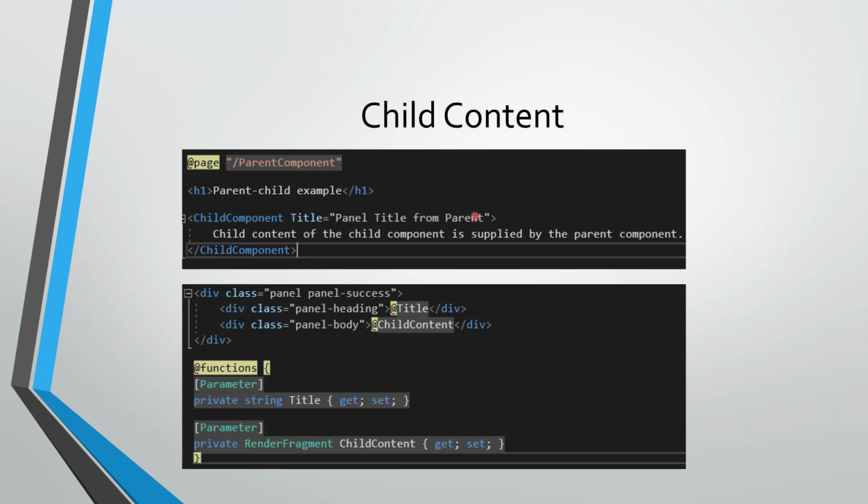So it's kind of an implicit property of components, but if you put something inside of it, that's how you're going to be able to get to it. And then later you can render it how you need. So in this case, we've got a title and we've got child content, so we're just going to render it in two divs. So kind of cool component nesting there.